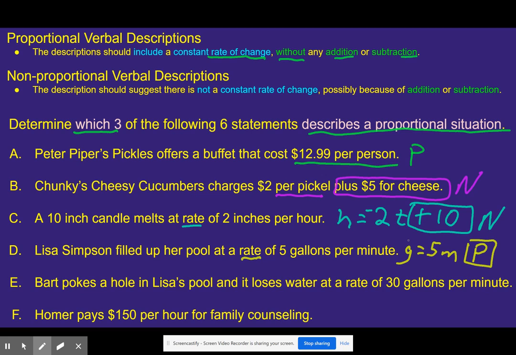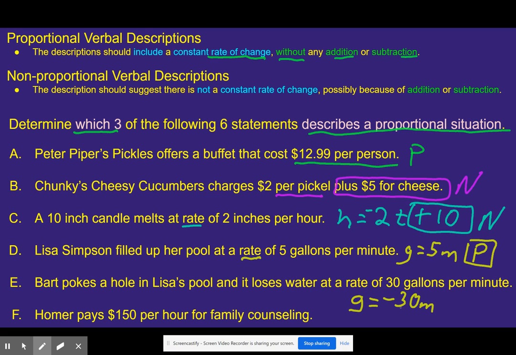Oh no, Bart pokes a hole in Lisa's pool, and it loses water at a rate of 30 gallons per minute. If I were to make this an equation, well, you tell me, what do you think? Is it proportional or not? So let's make this into an equation here. The total number of gallons is equal to, see, it loses 30 gallons per minute. Are we adding or subtracting anything here? This is one of those context situations.